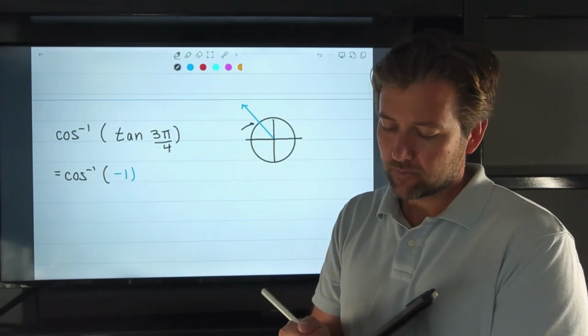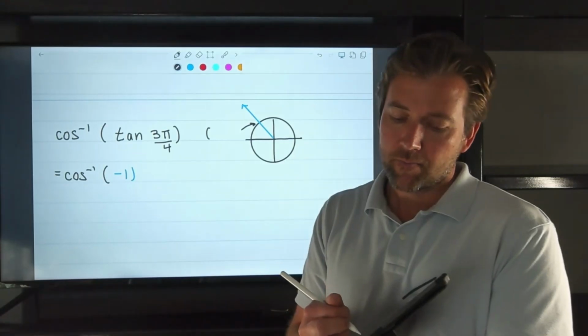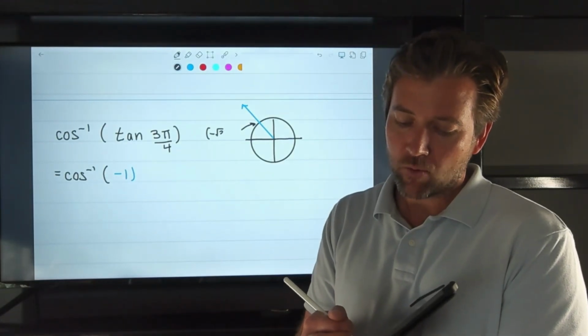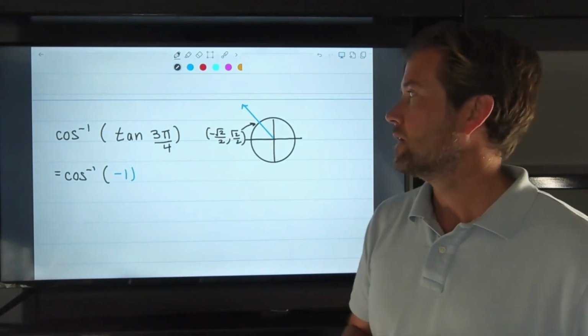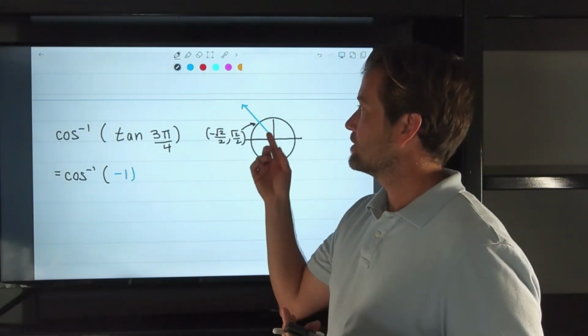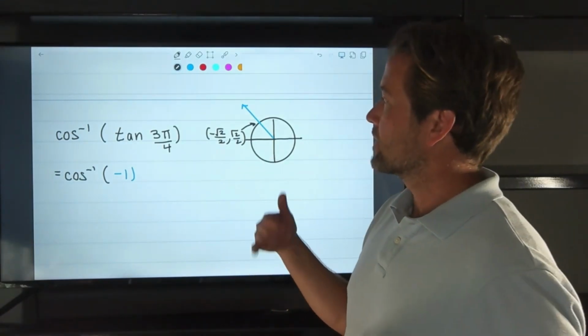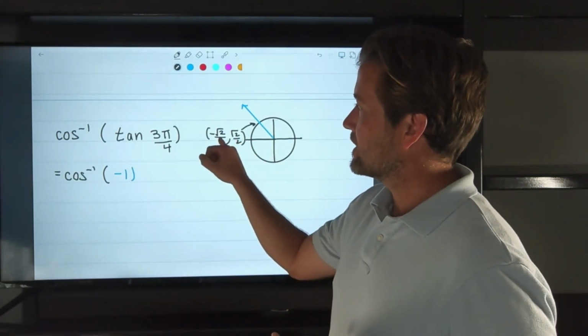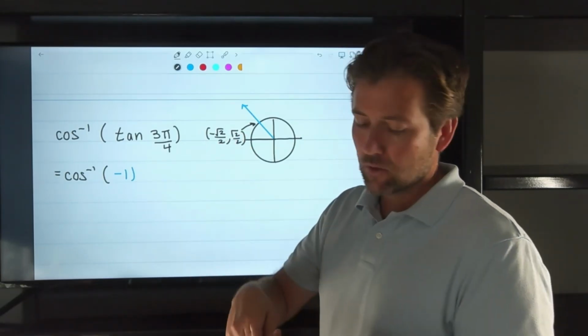If you're familiar with those angles and those slopes, my students are, that point is negative root 2 over 2, comma root 2 over 2. And so if you had to take the tangent of this angle, you could draw a right triangle and do the opposite over adjacent. And you're going to recognize it's just the y value divided by the x. And these are opposite numbers. So when you divide opposites, that result will be -1.